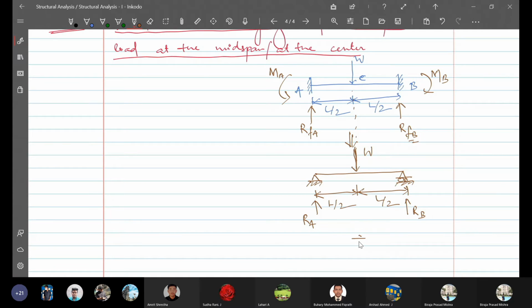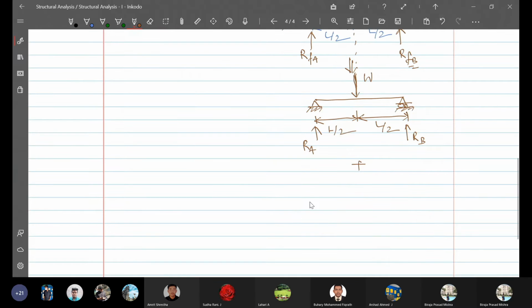Plus this will be another simply supported beam. Here I have the fixed end moments MA, and here I am considering the fixed end moments as MB.